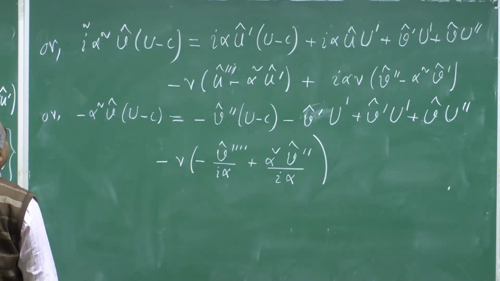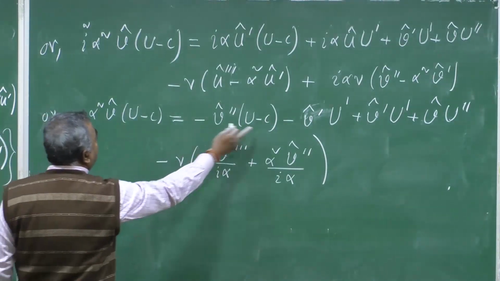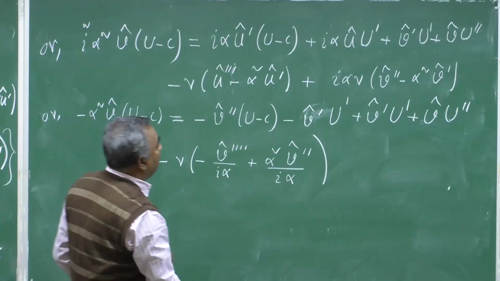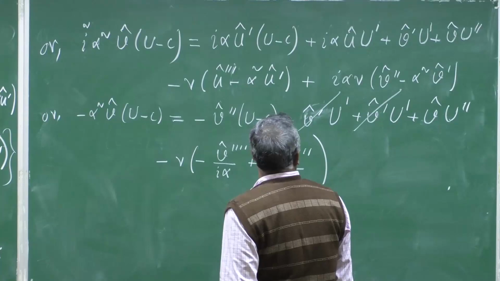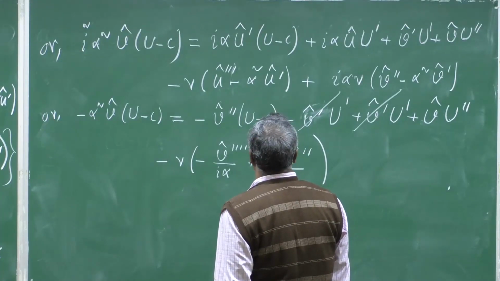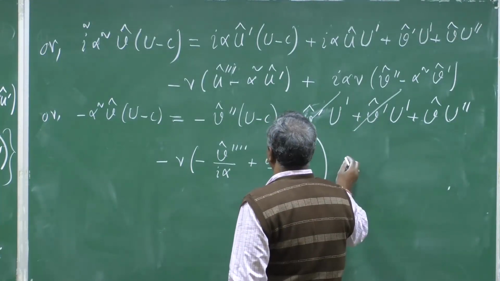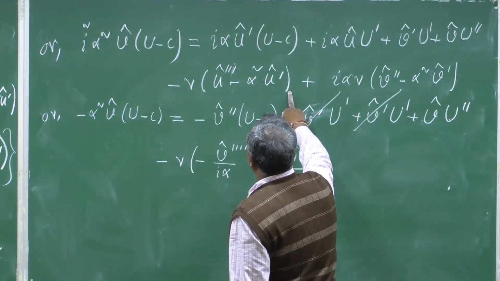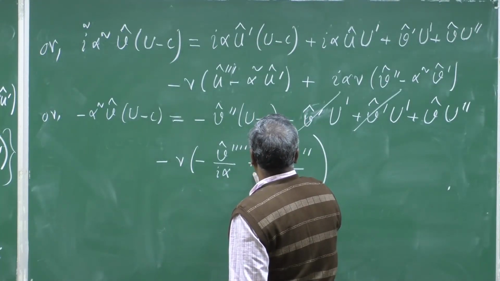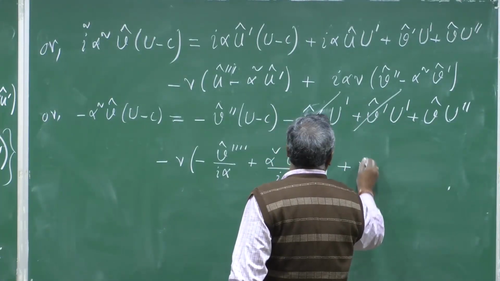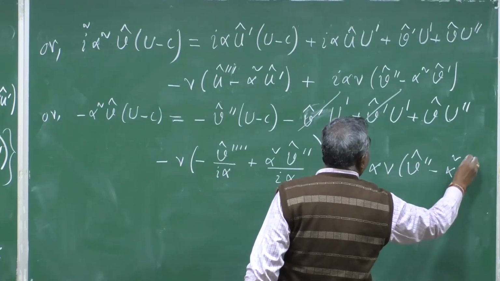Now, let us see what we get after simplification. These two terms we can take in the left hand side, and you see this term and this term will cancel out. This term also we take in the right hand side. One more term I think is left. We have replaced the value of this term, so we have to write this plus iα ν v hat double prime minus α squared v hat prime.